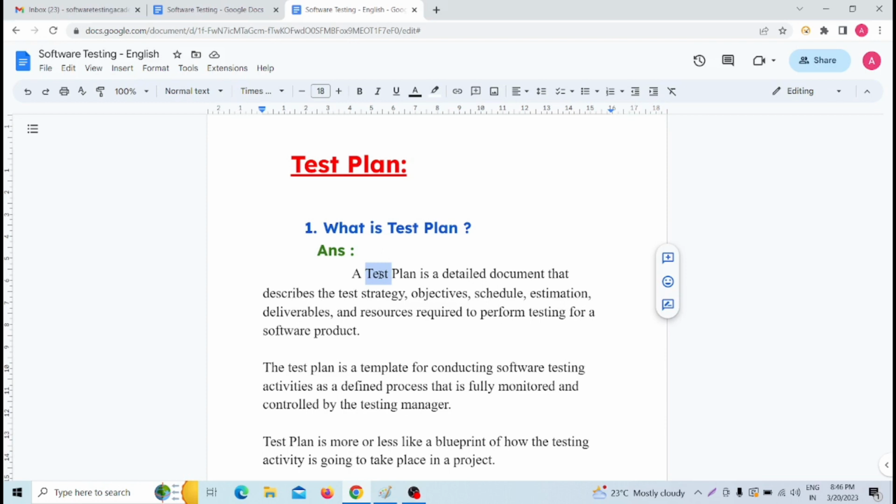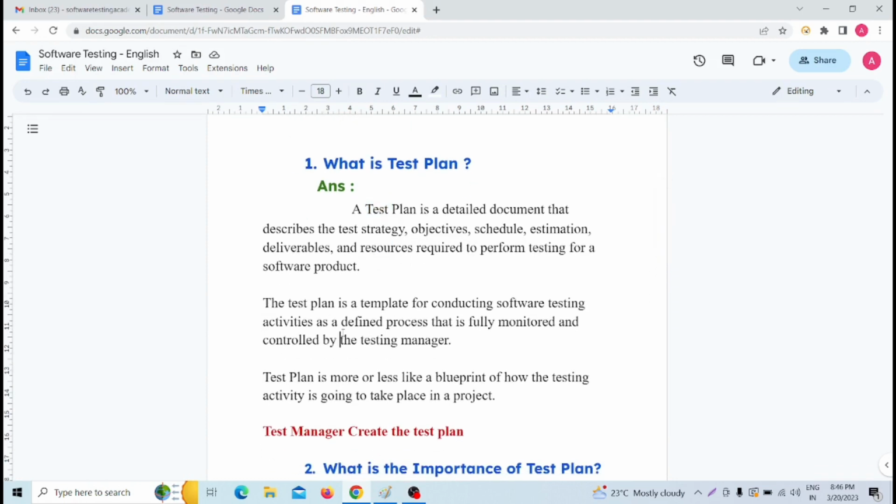So that detailed document is called a test plan. Clear? Basically, a test plan is like a blueprint of how the testing activity is going to take place in a project. The test plan is a template for conducting software testing activity as a defined process, which is fully monitored and controlled by the test manager.